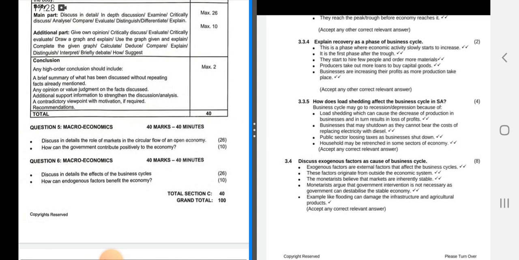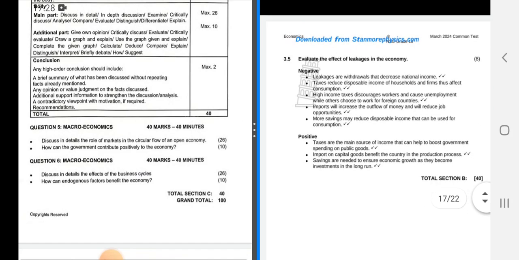And then point number 2, for 10 marks, is how can the government contribute positively to the economy? Question 6 says, discuss in detail the effects of the business cycle. And number 2 is how can the endogenous factors benefit the economy?